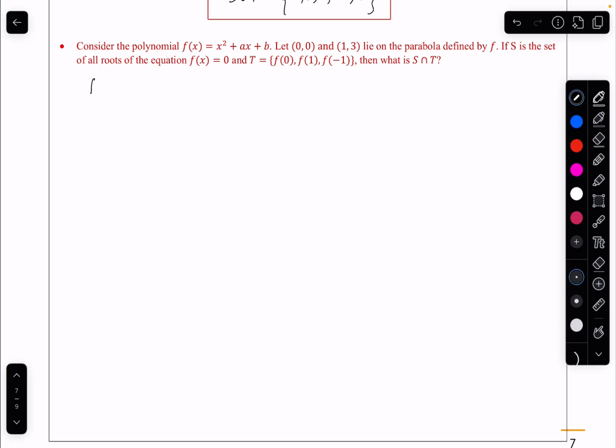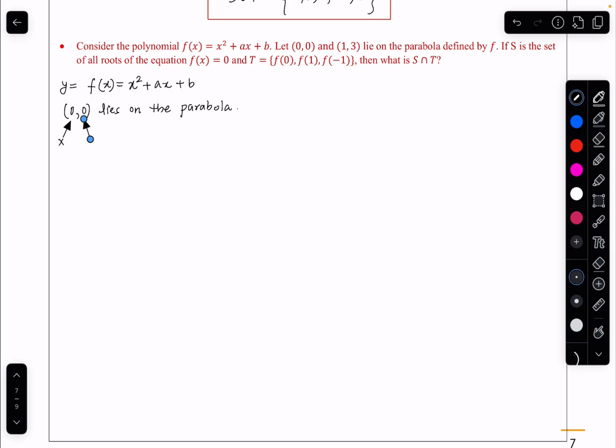The polynomial I have is f(x) is equal to x squared plus ax plus b. Let me call it y. The question says (0, 0) lies on the parabola, so it satisfies the polynomial we have been given. The x coordinate is 0 and the corresponding y coordinate is also 0.